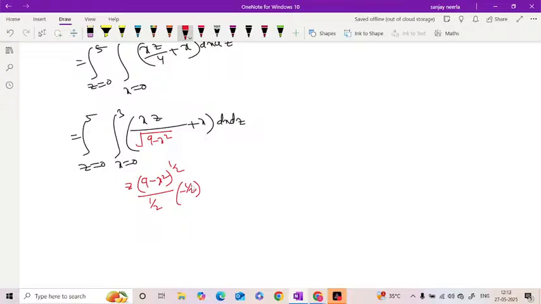Okay, and x will cancel, and integration of this one is x square by 2, and the limits 0 to 3 into dz.